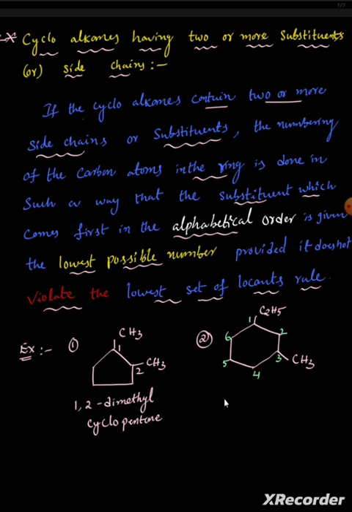That's why here we are giving number 1 for ethyl, and next methyl: 1-ethyl-3-methylcyclohexane. Third one is another example.